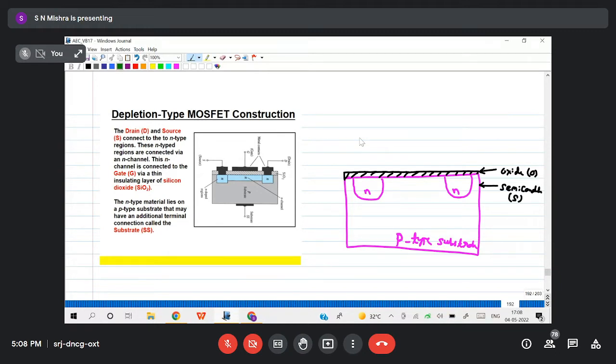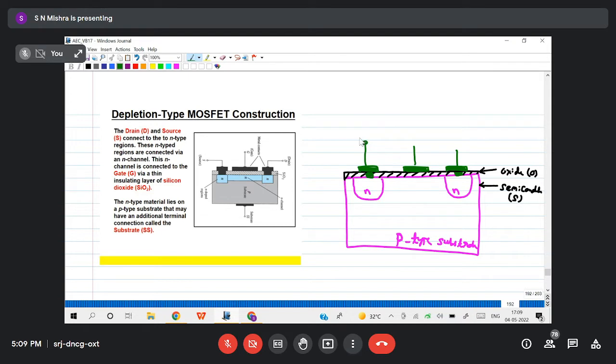Upon which, as in JFET, we have three terminals: gate, source, drain. Here also three terminals are there. So how will we take the contact or the terminals source, gate, drain? We'll take the terminals here. This is one terminal, this is another terminal, this is another terminal.